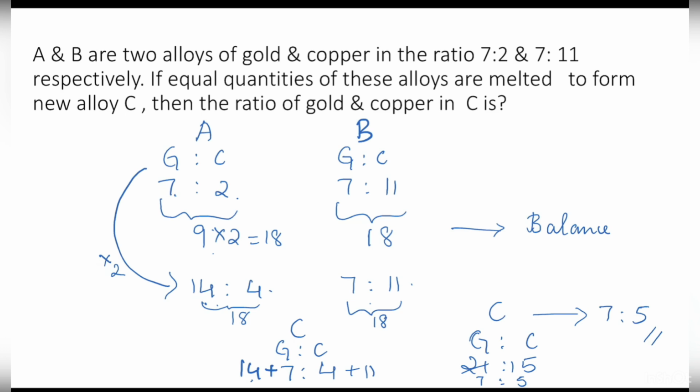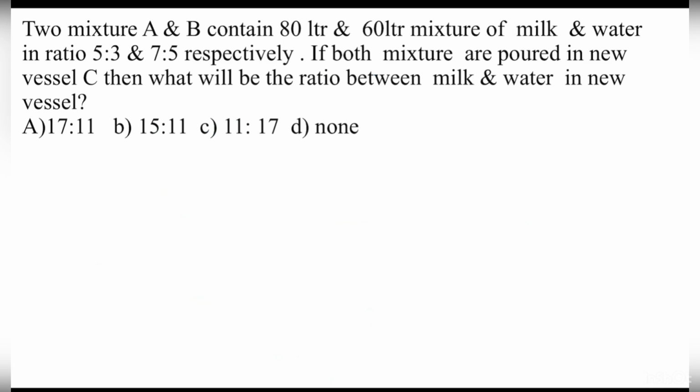Next problem. Two mixtures A and B contain 80 liters and 60 liters of a mixture of milk and water in ratio 5:3 and 7:5. Okay.